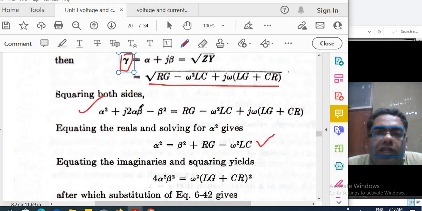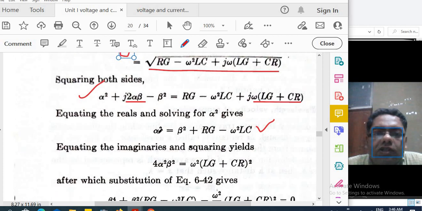If I equate the imaginary part, the imaginary part is 2 alpha beta, which is equal to omega into Lg plus Cr, and it has been squared.